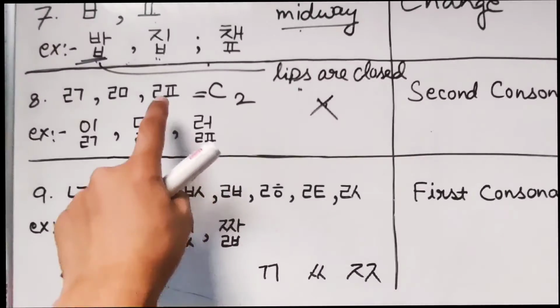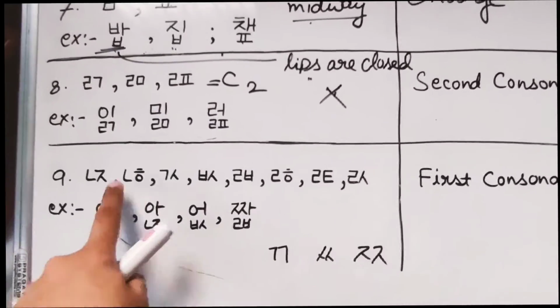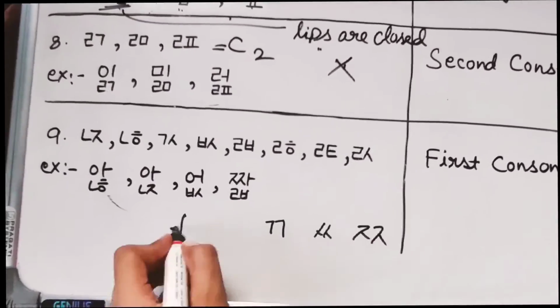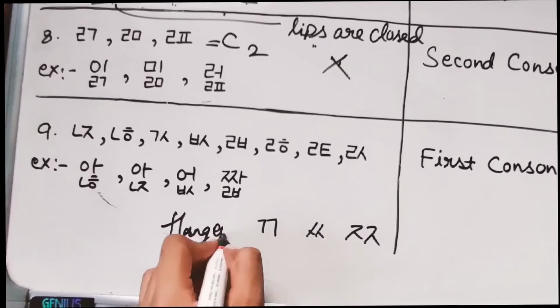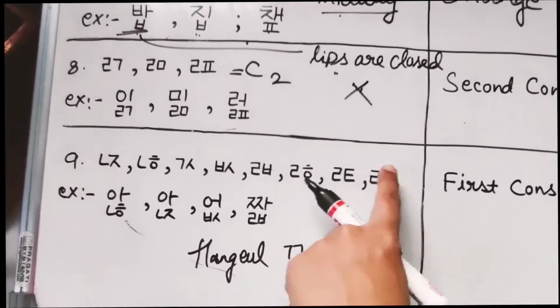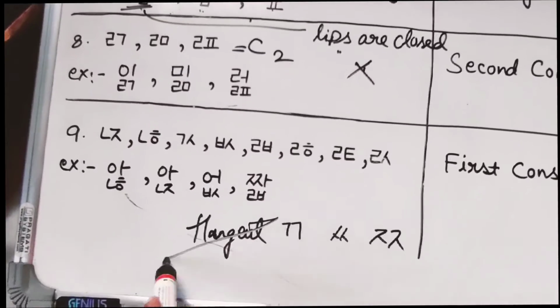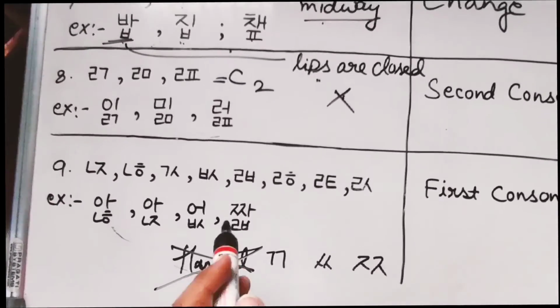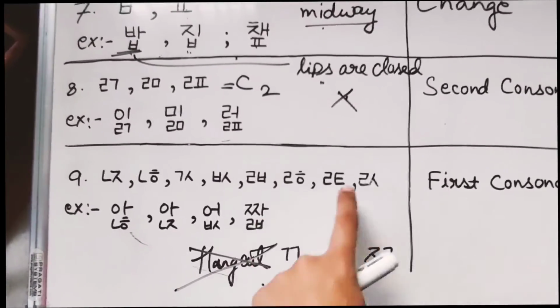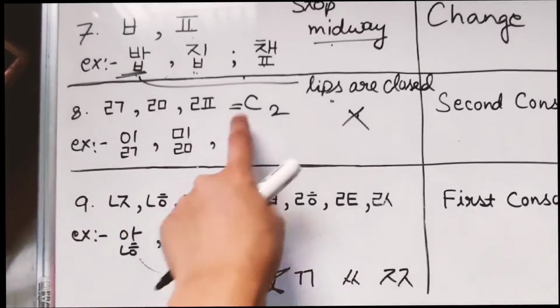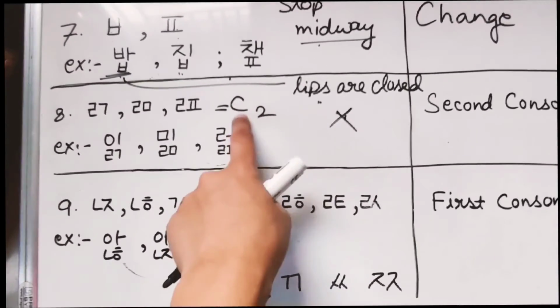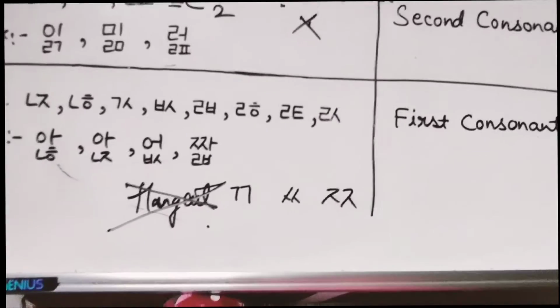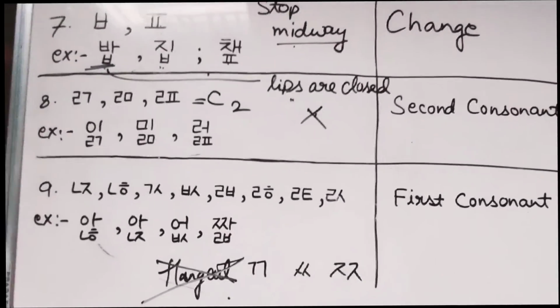All these consonants were taught as a part of Hangul because they can be used at C1 as well as at C2 position. However, the cases that you see in 8th and 9th point can only be used at C2 position but never at C1 position, which is why they are not taught as a part of Hangul.